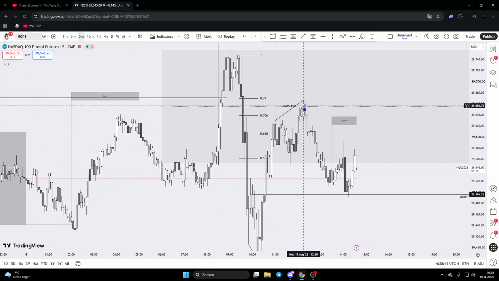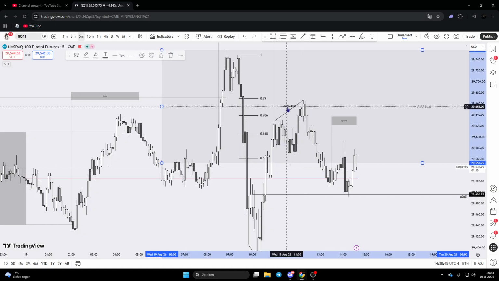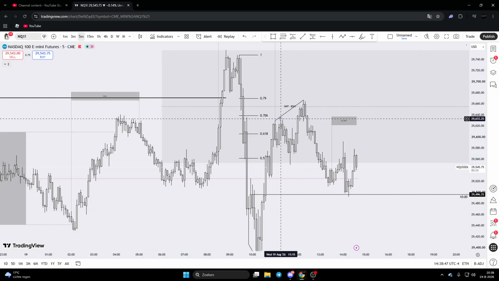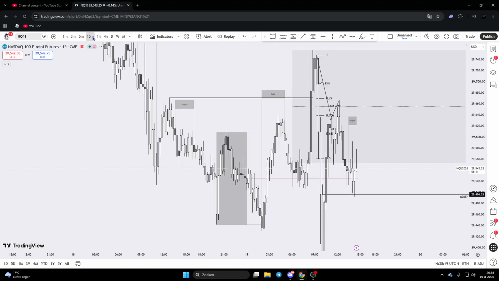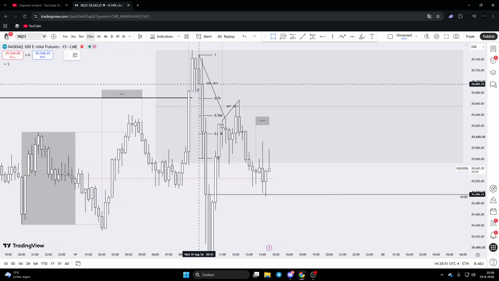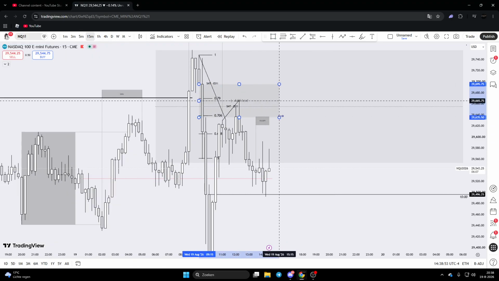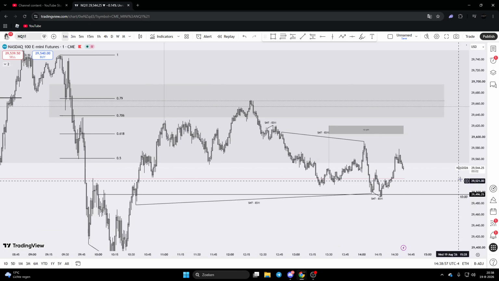I was waiting for the CE to get tapped, because it was in between the 70.6 and the 79, and it was also in a 50-minute fair value gap.